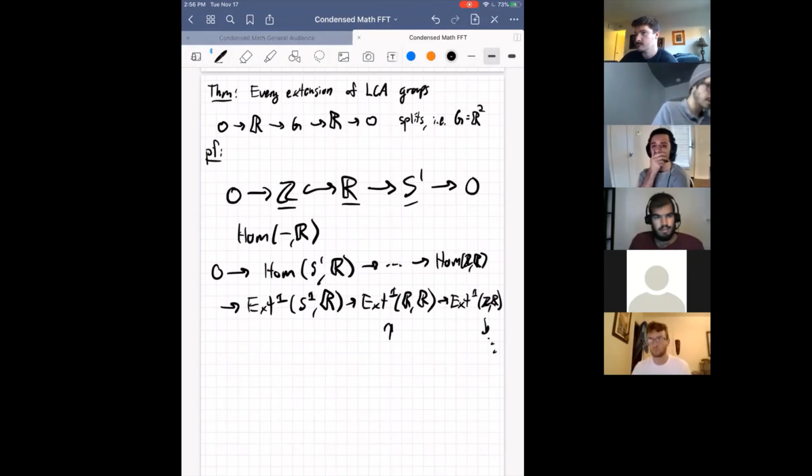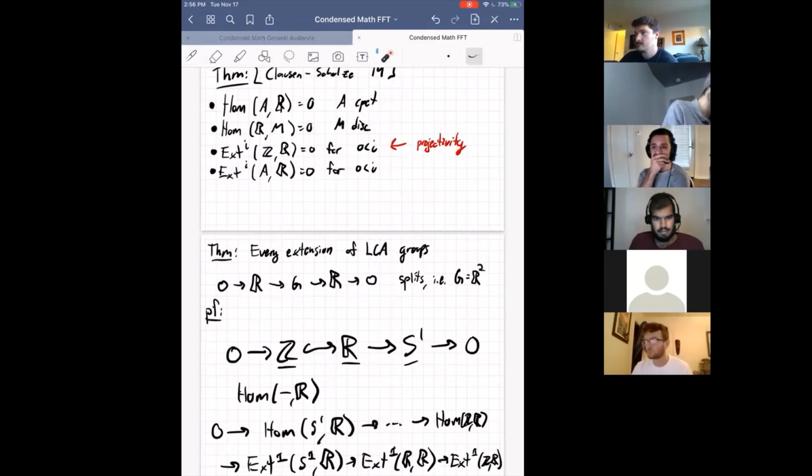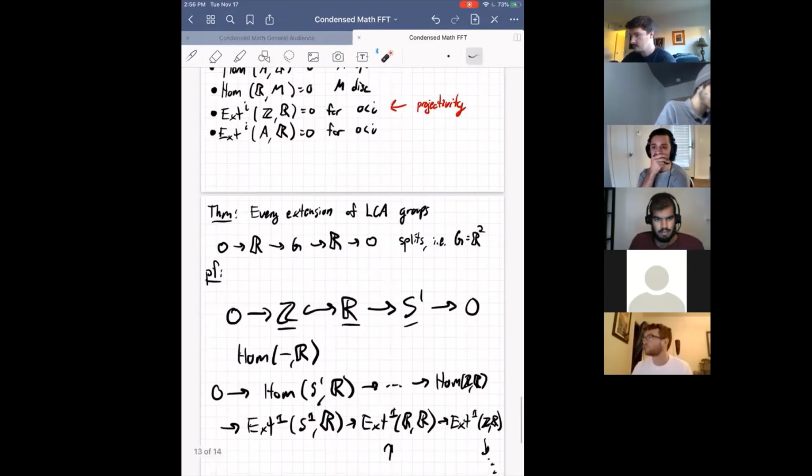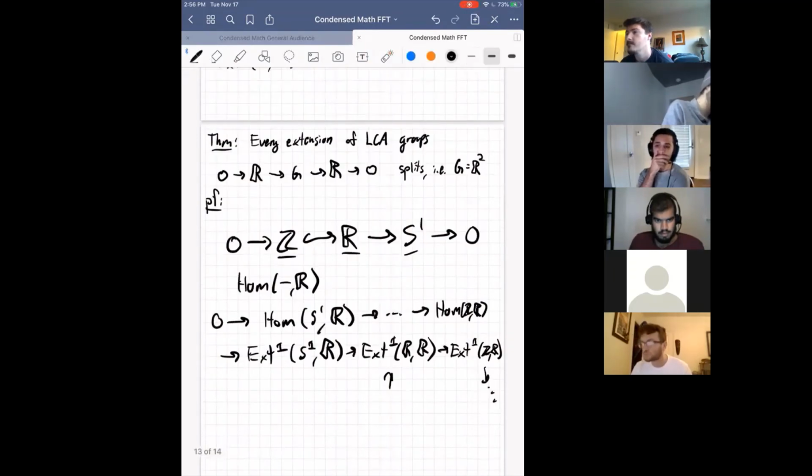Now, if I look at my theorem, this part will apply to this guy, so this is going to equal 0. And this is going to equal 0. So now I have 0, and the kernel of the 0 map is equal to the image.